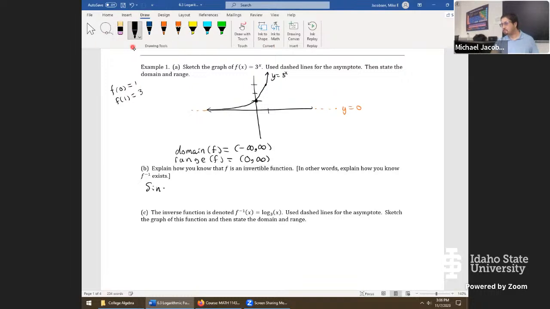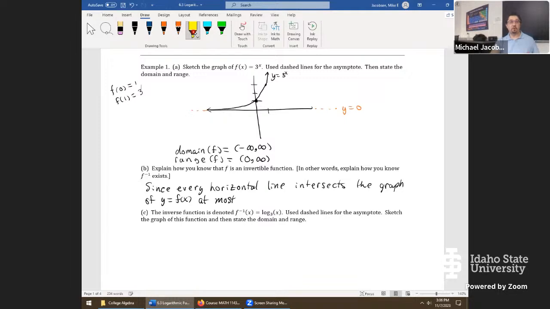Since every horizontal line intersects the graph of y equals f of x at most once.